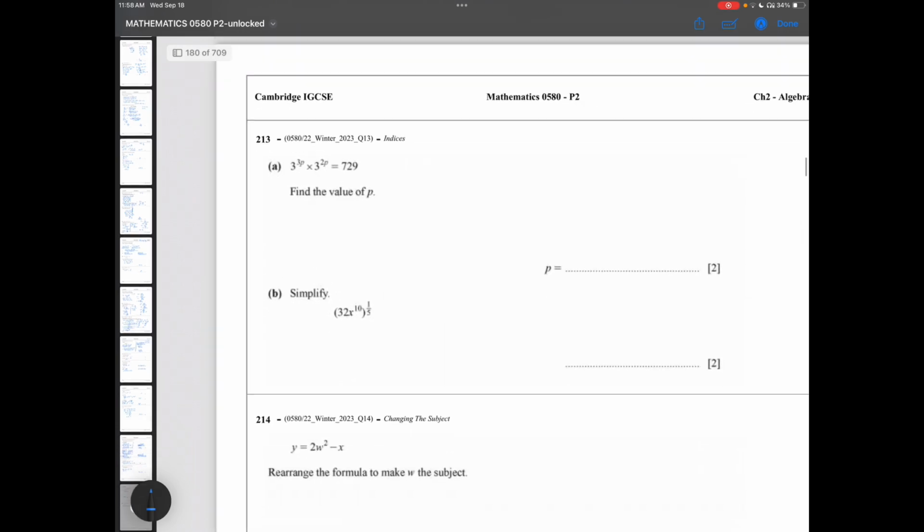Now in question number 213, it says find the value of p. On the left side of the equation, we have 3 to the power 3p multiplied by 3 to the power 2p. Now we have the same base, so their powers will be added. It becomes 3 to the power 3p + 2p is equal to 729.